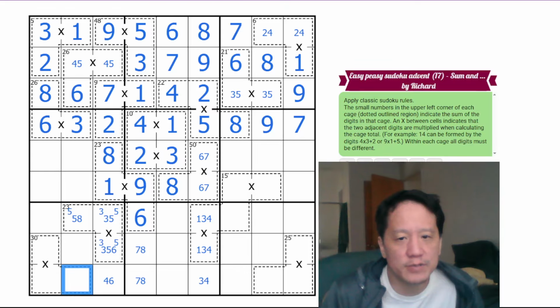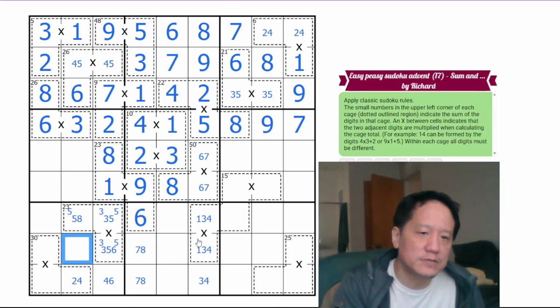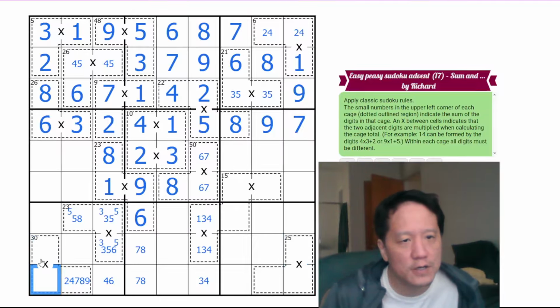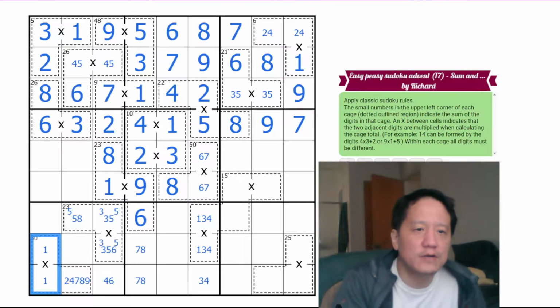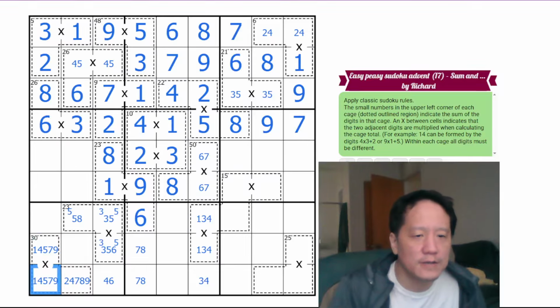So again, this can be 2, 4, no 5, because the 5 is eliminated in that box. 7, 8, and 9. And these multiplications can be 1, 4, 5, 7, 9.